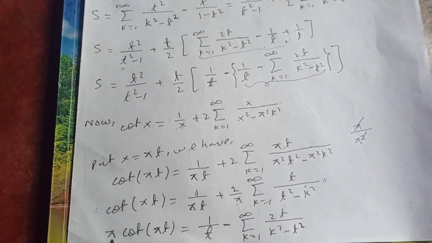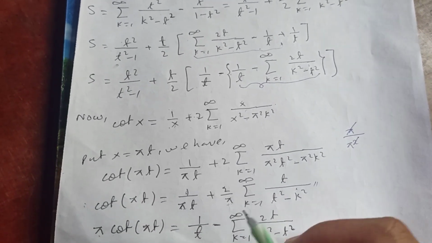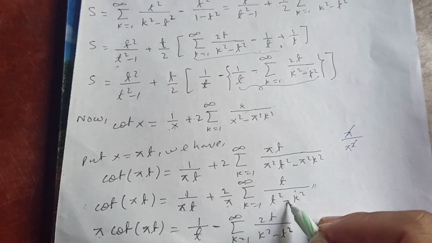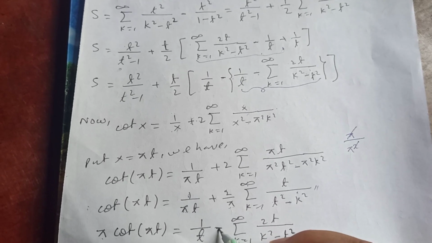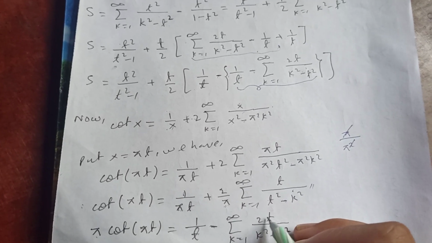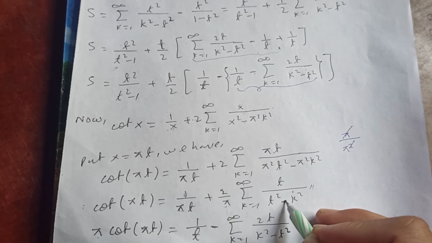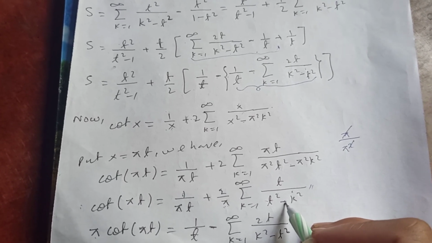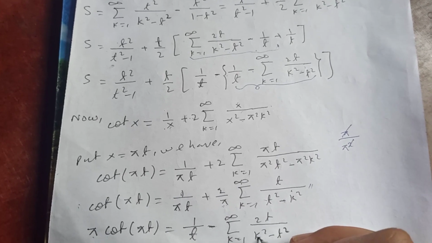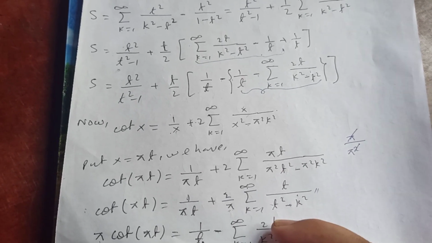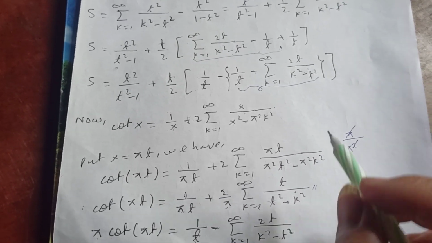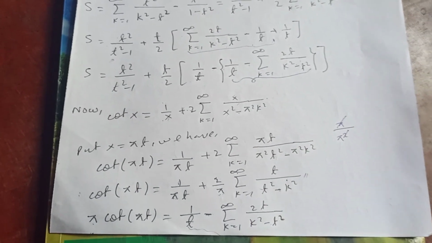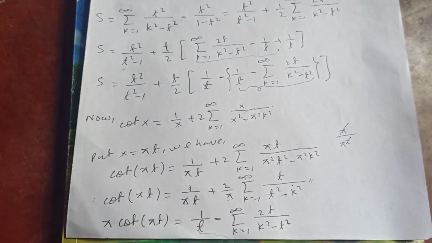So pi cot pi t is equal to 1 over t, and this one, this minus, interchange these two, then you get minus sum from k equal to 1 to infinity 2t upon, if you interchange these two, or if you take this negative common, so negative k square upon t square. If you see this part, this is same as this one. So we nearly get our result now.